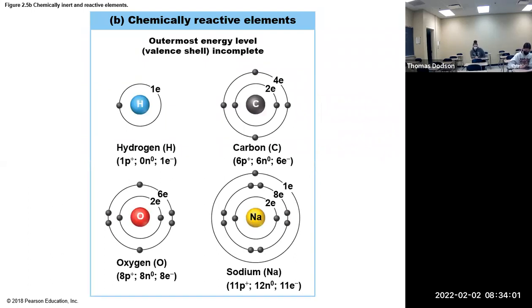So hydrogen is reactive because it doesn't have both of its electron spots filled. Carbon is reactive. Let me ask you this. Look at carbon and look at the outer shell, and we said there's the rule of 8, right? How many electrons does it have in its outer shell? 4. How many should it have to be able to be stable? 8.